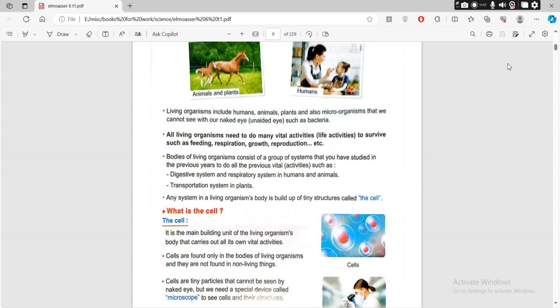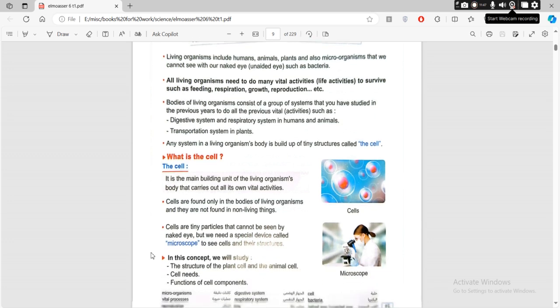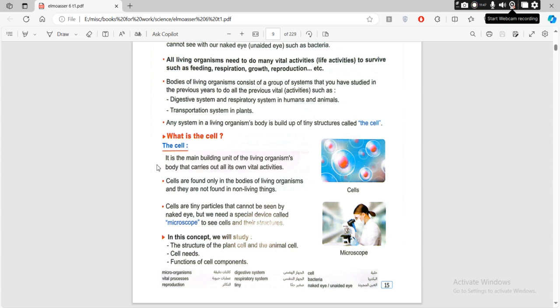So now, living organisms like animals, plants, and humans all share one thing, and it's that they have a very small building unit, which is called the cell. The cell is the main building unit of the living organism's body that carries out all its vital activities.